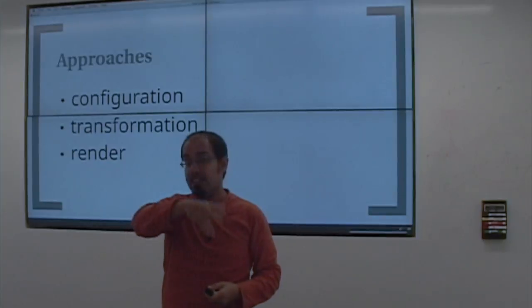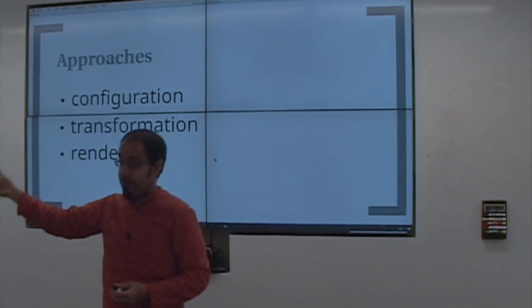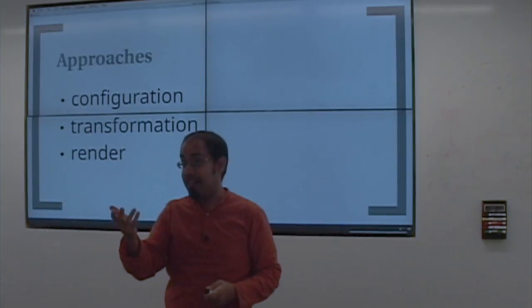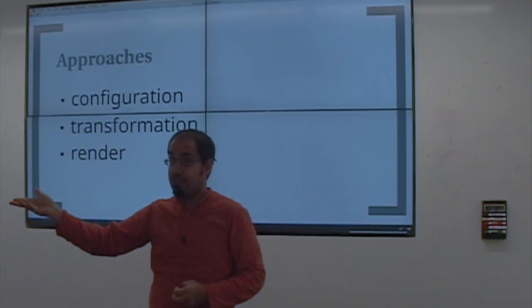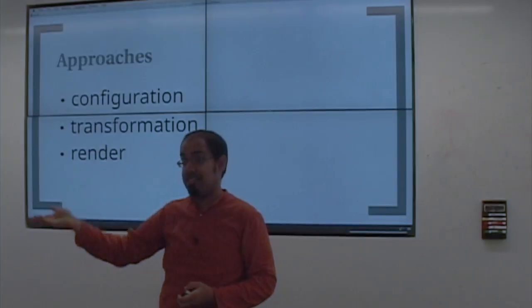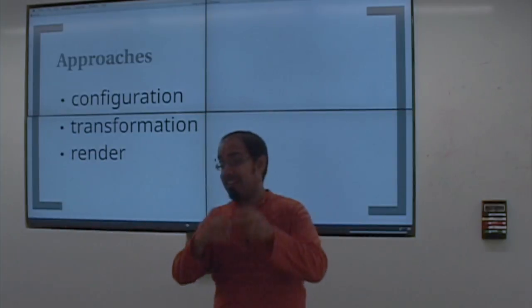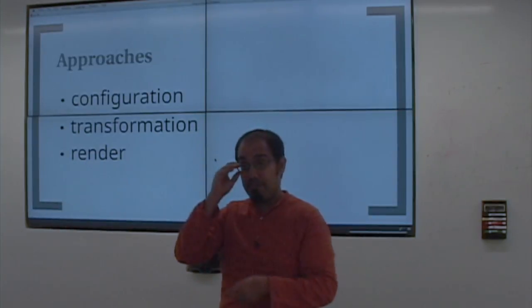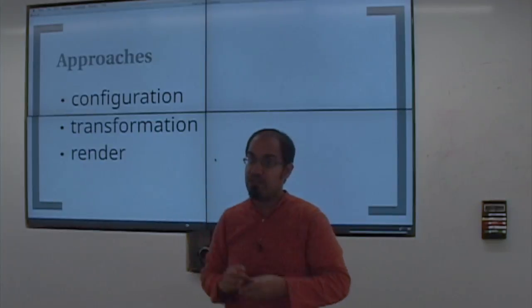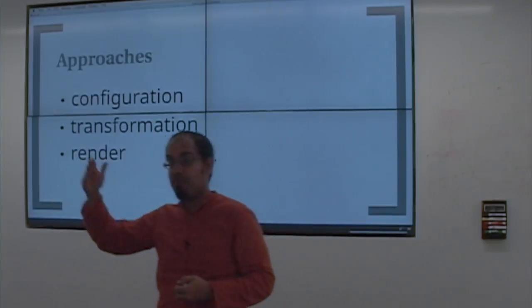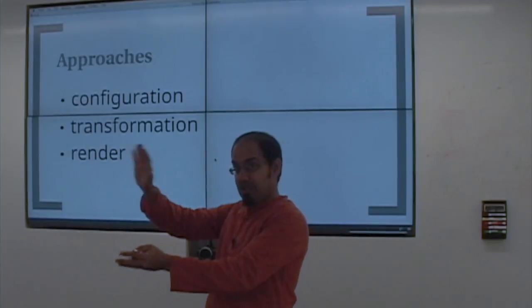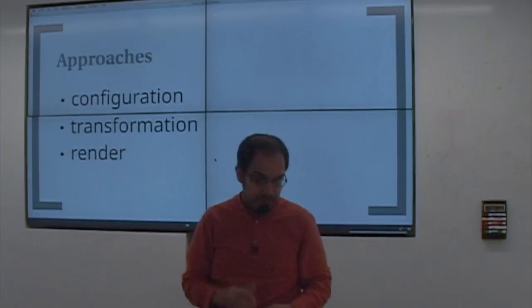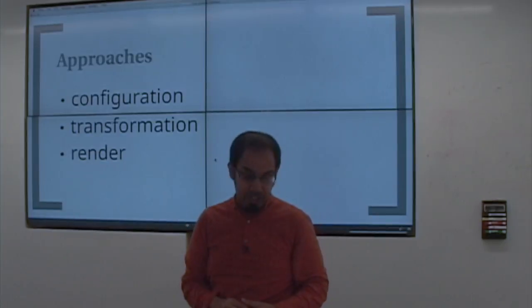Each of those is a transformation on the data, right? So if you want it on an axis, you're saying, hey, render this on this axis, so you're transforming the data to match the axis. You're not saying, hey, here's the axis, go do things, right? So that's the difference between configuration and transformation. Transformation is setting up a pipeline of operations, not saying, hey, here's all the information that you need to render, just go ahead and do it. So that's the second, transformation.